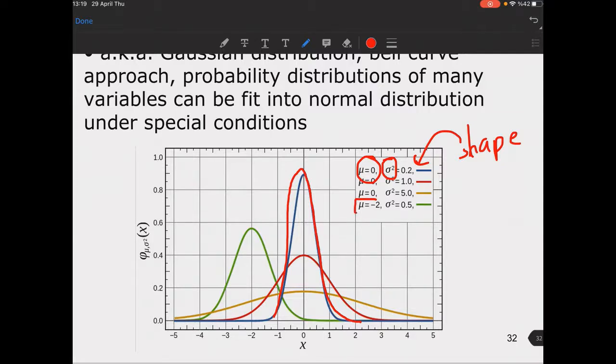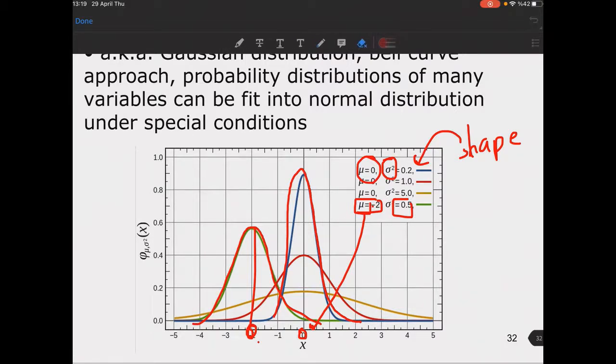And this one is the location measure of your distribution. Where is the middle point located? If it is -2, for example, the most accumulated part is around -2, and this is again its shape parameter. That's it.